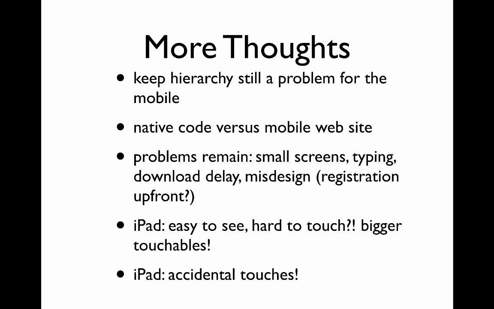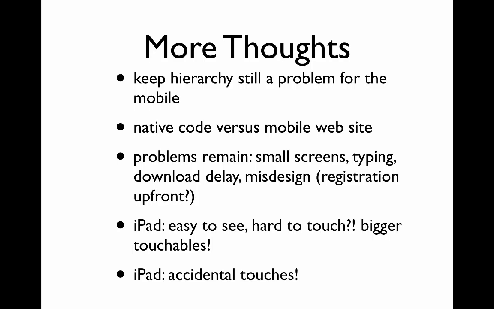More thoughts. You want to keep the hierarchy, and this is still a problem for the mobile device because you may have many different small pages. You might have a mobile website for your business, or you might have a native code app. For instance, you might have an Android app or an iPhone app for your business instead of the mobile website.